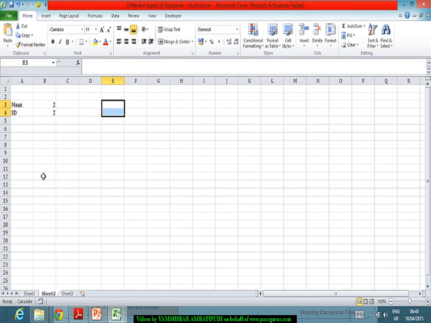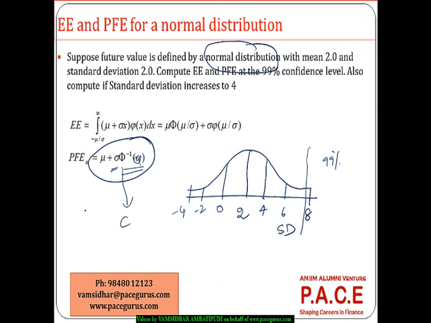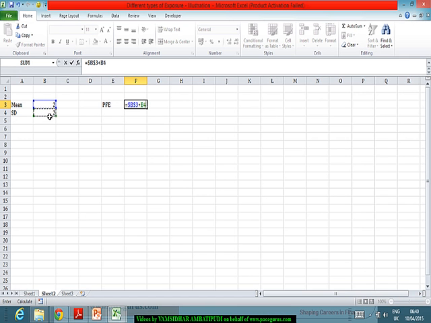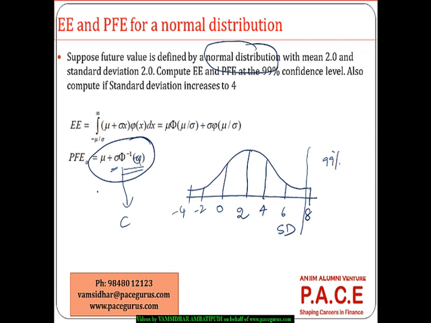Let me find the potential future exposure here. How much will I get? Mean plus sigma, the standard deviation, times the phi inverse of alpha.